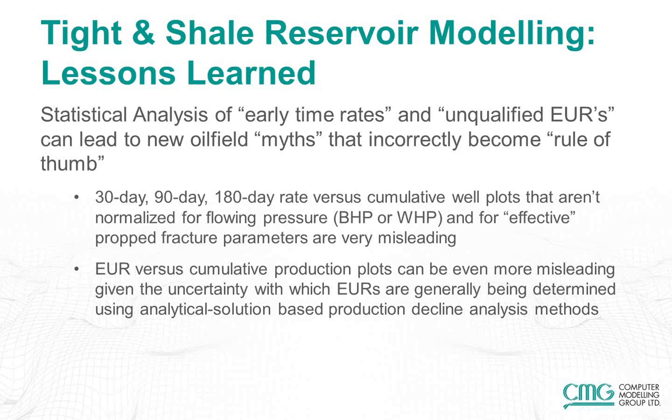We don't yet have the data to be able to forecast accurately for more than 5 or 10 years, since most of the wells have not been on for this long. So oftentimes these analytical methods may be misleading since we don't know what's going to occur in the future.